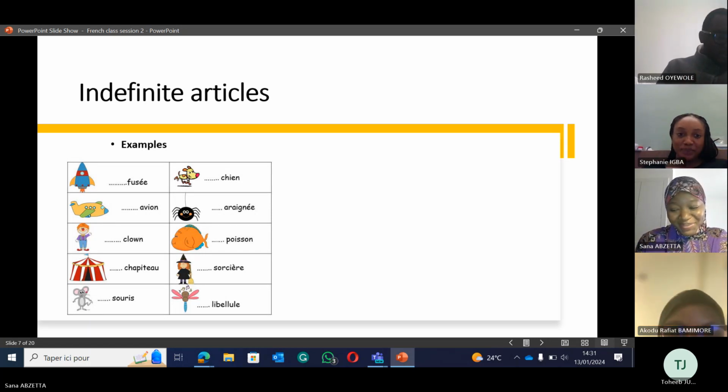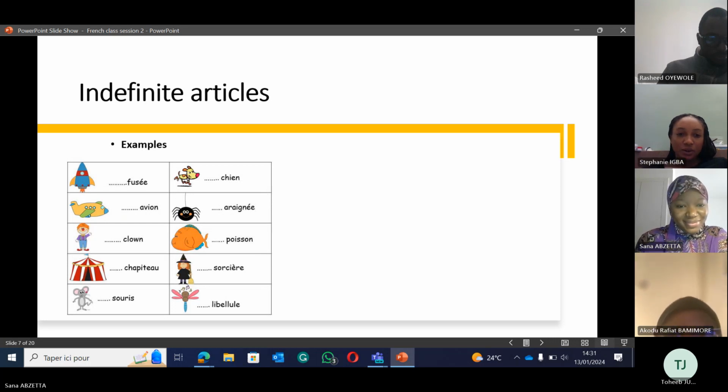Stephanie. Une fusée. Un avion. Un clown. Un chapiteau. Une souris.